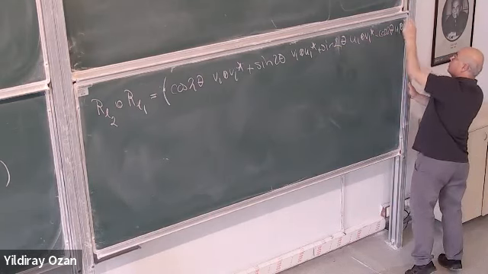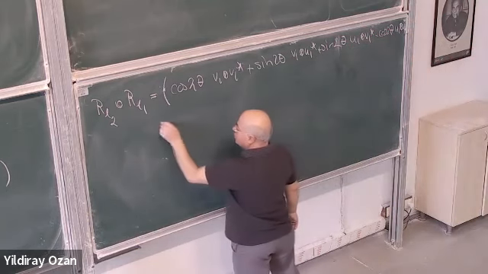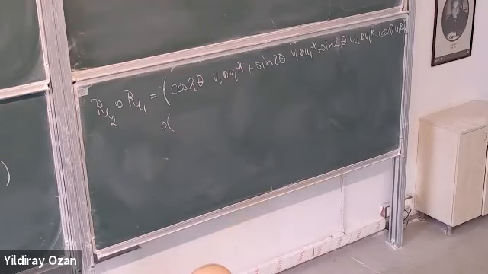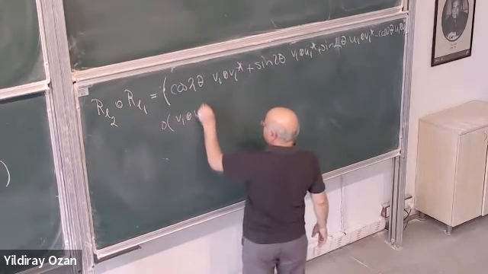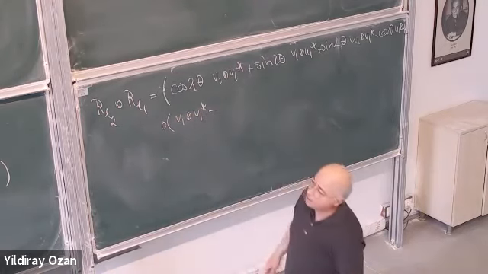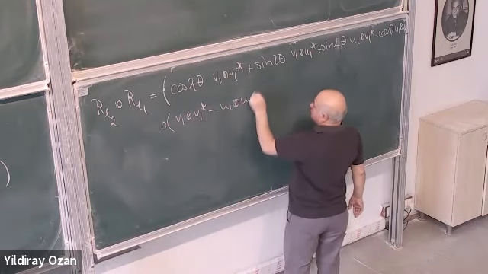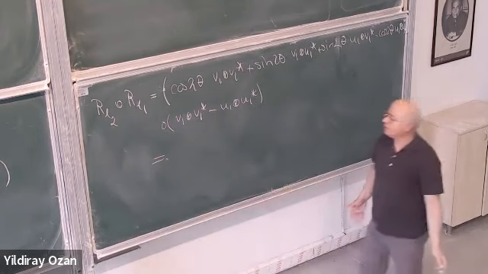Composition RL1, that was easy. RL1 is V1 star minus U1 star. Okay, now what is the result?